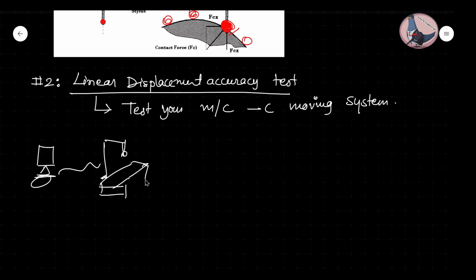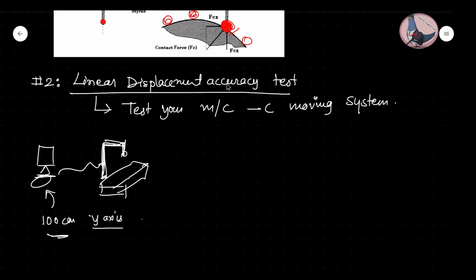Suppose you are giving the command: please move 100 centimeter along the y-axis. Whether this particular machine is moving in the y direction by 100 centimeter or not has to be tested, and that is called the linear displacement accuracy test.